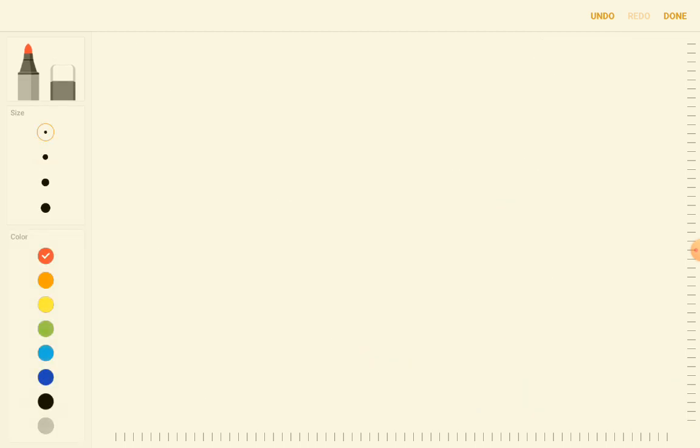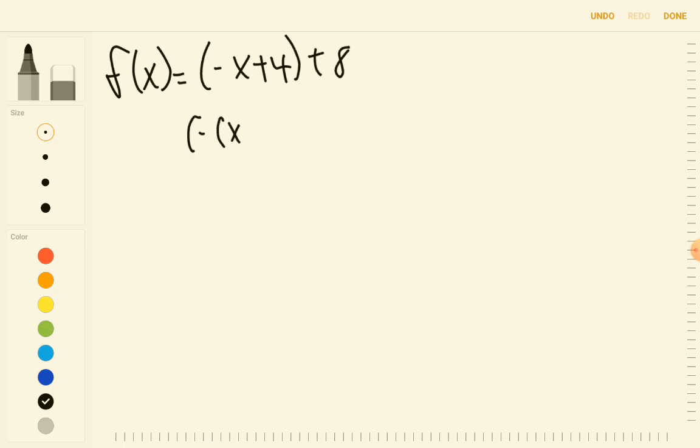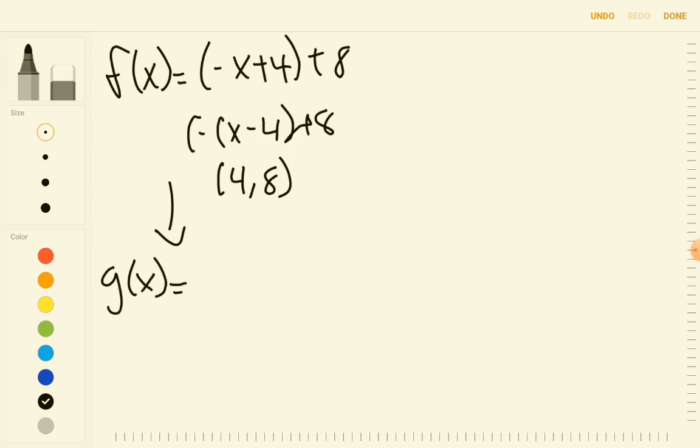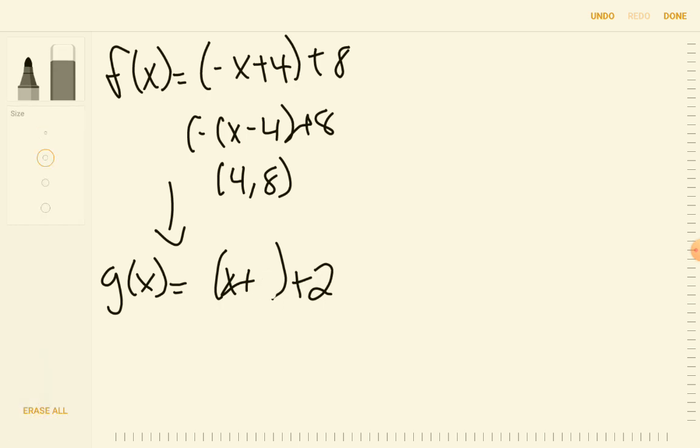For our last problem, we have f of x is equal to negative x plus 4 plus 8. And just like last problem, we'll factor out the negative, and we'll get our vertex. And that transformed to g of x, which is equal to x plus 8 plus 2.